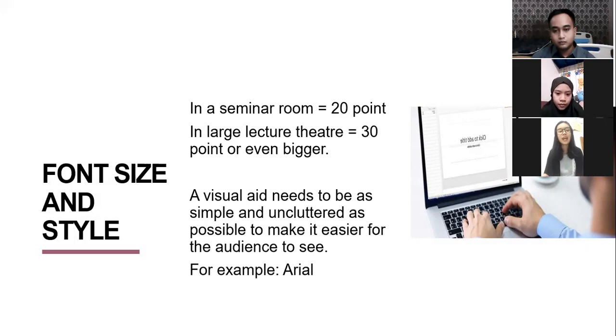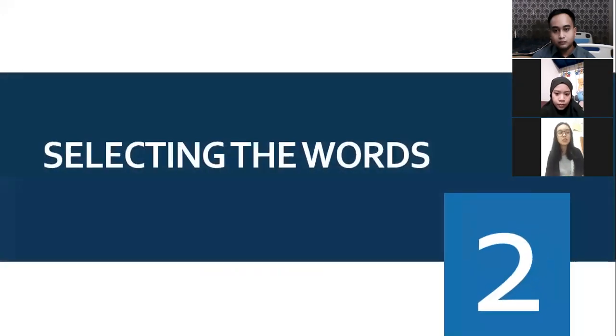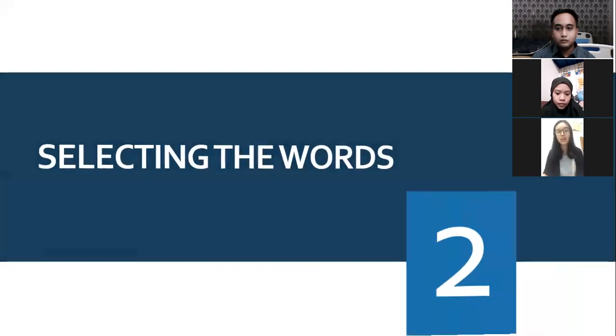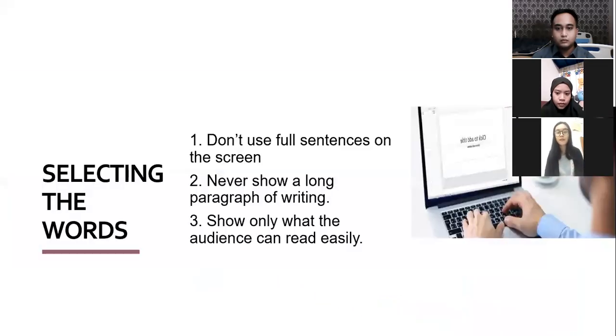The next one is selecting the words. Remember that this is so important. Here we would like to give you some tips. What should you do in selecting the words? First, don't use full sentences on the screen.